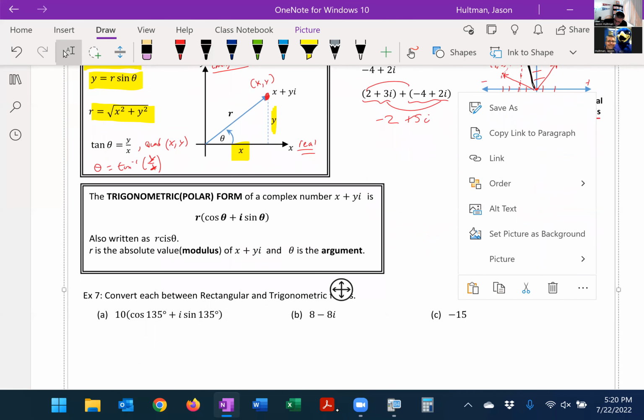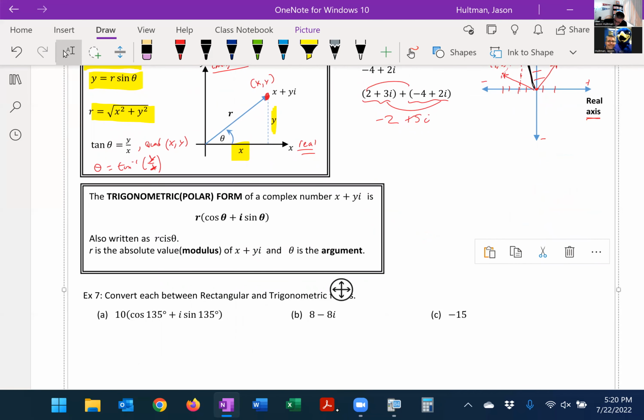Okay, the trigonometric form of a complex number x plus yi is r times (cosine theta plus i sine theta). Remember, what was x? X was r cosine theta. And what was y? Y was r sine theta.